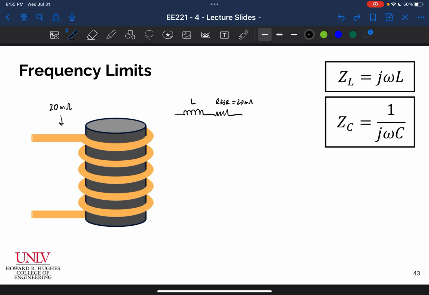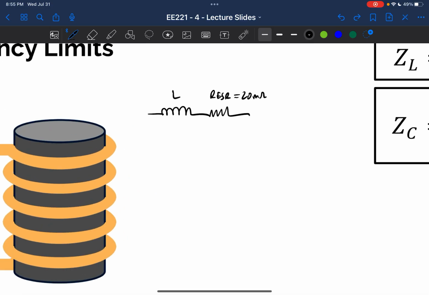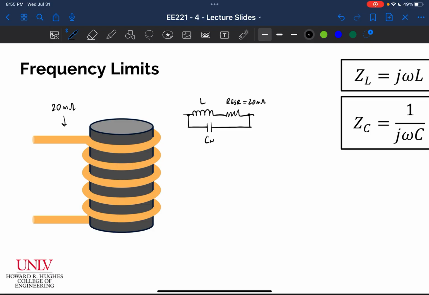And so there's also something called the inner winding capacitance that we would put in parallel with the inductor. I don't think it's called the equivalent capacitance, but it's called the inner winding capacitance. I'll call that CW, for C winding. We know a capacitor is basically made of two conductors separated by some insulator.